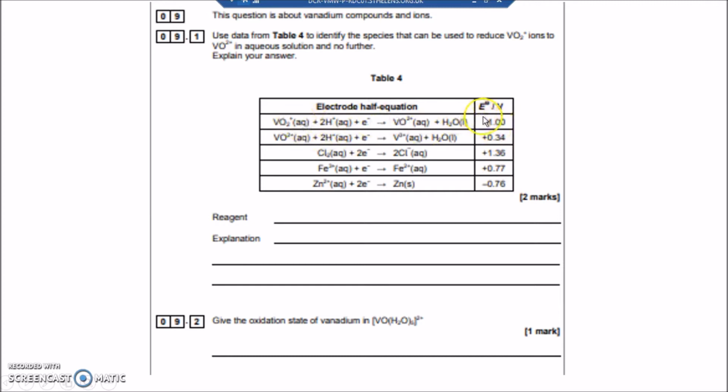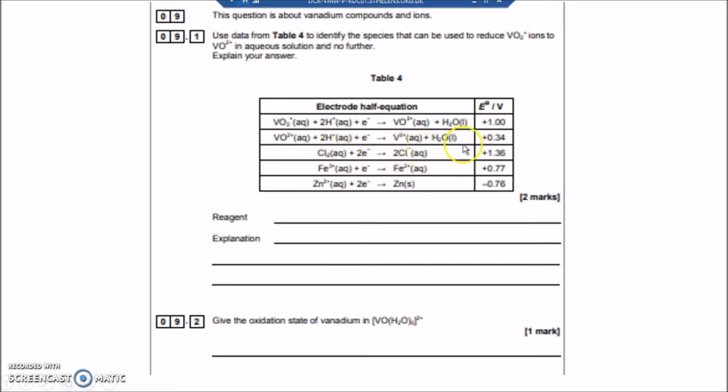So for example this Cl2 plus 2 electrons to 2 Cl minus would be plus 1 for this one in this direction, reduction, and this one will be forced into oxidation, minus 1.36. Plus 1 minus 1.36 is minus 0.36, so that wouldn't go ahead. So it can't be this one.